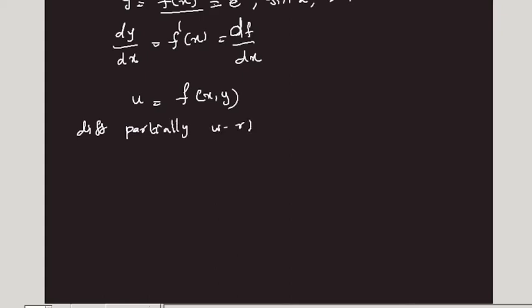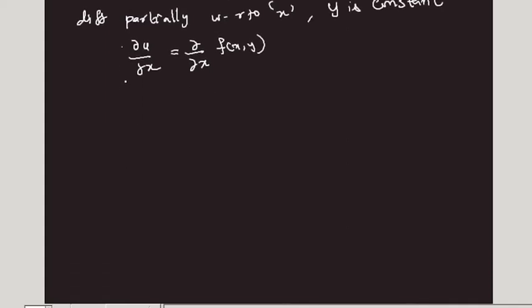With respect to x, we write it as dou u by dou x equal to dou by dou x of f of x comma y. We differentiate partially.